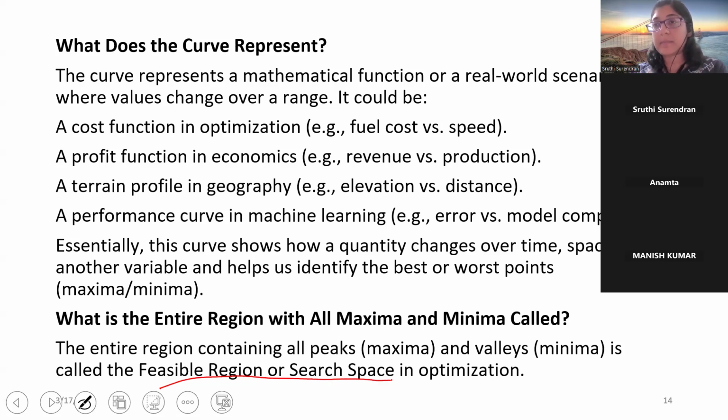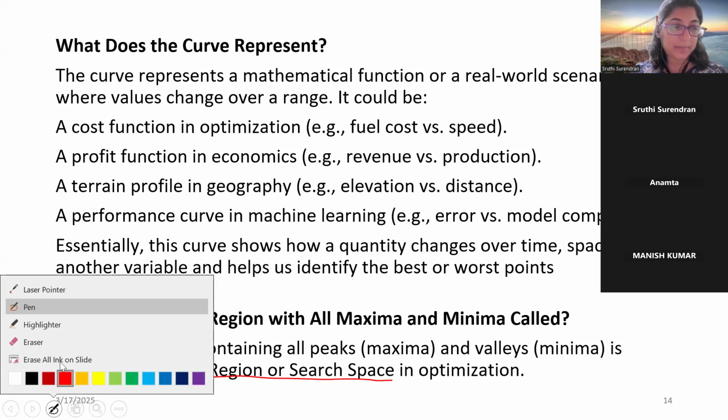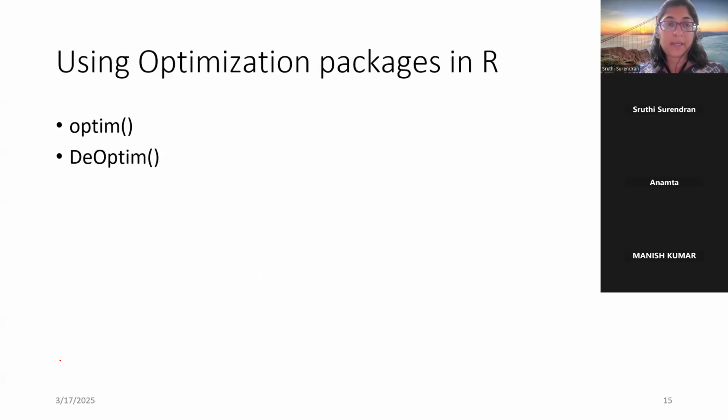So these concepts of global maxima and global minima are required to be understood if you want to go in detail into different types of optimization. Now there are so many types of optimization. So if you want to go in detail into optimization, these terms can be of use to you.